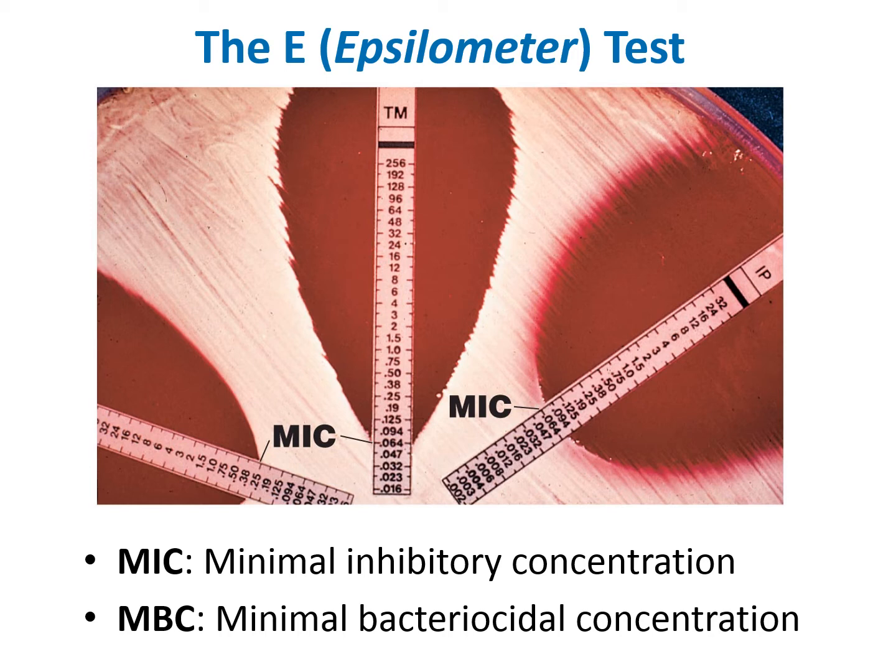This test will show us the minimum inhibitory concentration for a drug for a specific bacterium. The minimum inhibitory concentration is the concentration of drug at which we begin to see the zone of inhibition form.